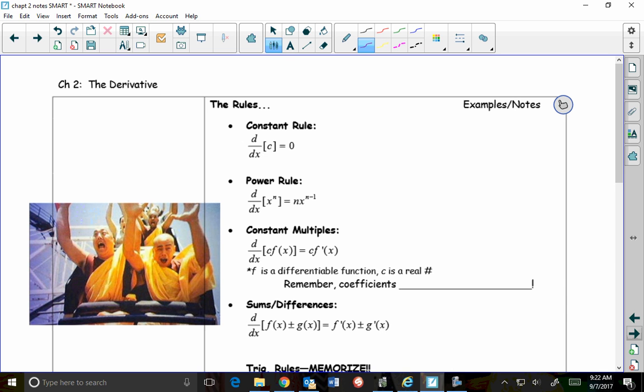All of those are constants. For instance, if I had y equals pi, so pi is a constant. What's the slope of a constant? 0, no matter what the constant. So the derivative of any constant is 0.